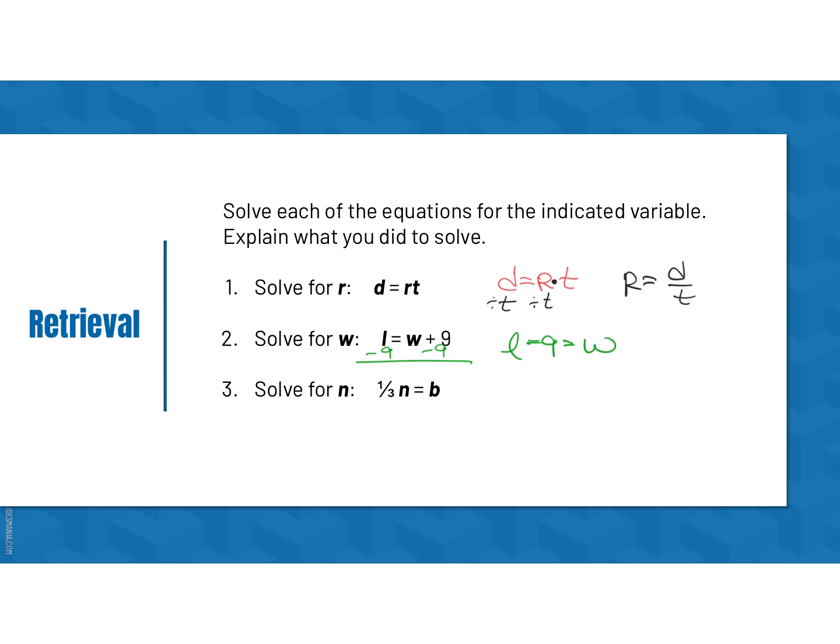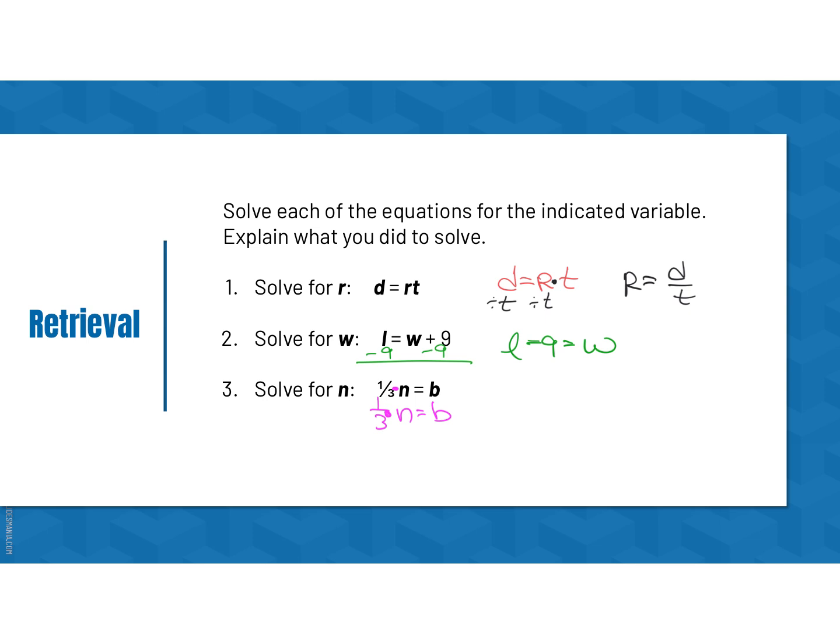All right, and then number 3, solve for N, get N by himself. This one's a little bit different. Notice how we're multiplying by 1/3. So how do we get rid of that? We're going to divide by 1/3. Think about fractions: if we're dividing by a fraction, we can flip it and multiply.